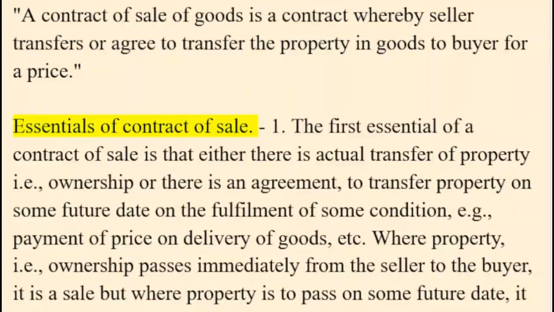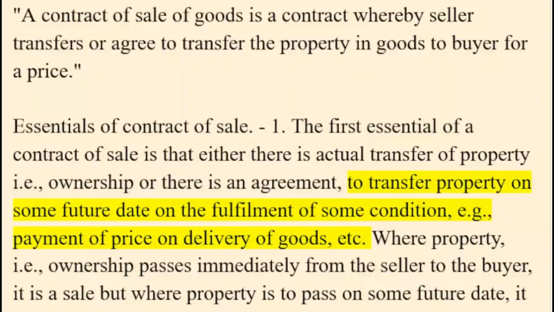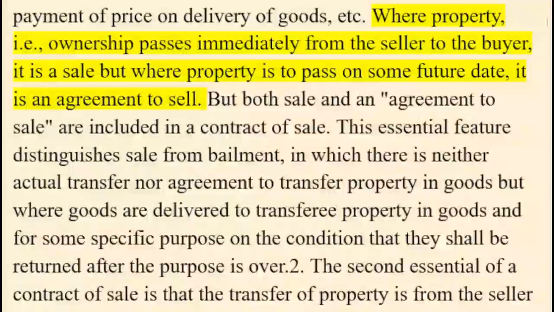Essentials of contract of sale. One. The first essential of a contract of sale is that either there is actual transfer of property, i.e., ownership, or there is an agreement to transfer property on some future date on the fulfillment of some condition, e.g., payment of price on delivery of goods, etc. Where property, i.e., ownership passes immediately from the seller to the buyer, it is a sale, but where property is to pass on some future date, it is an agreement to sell.